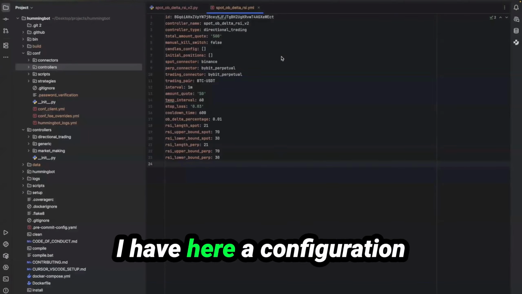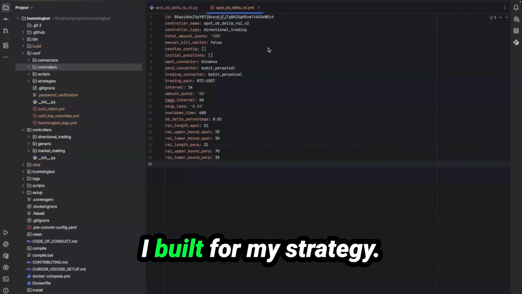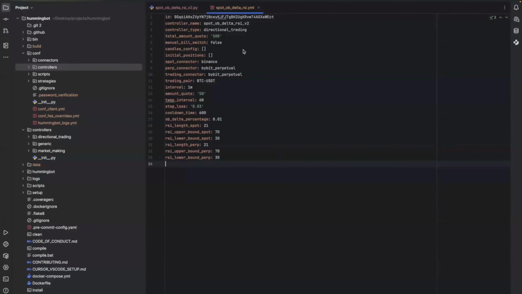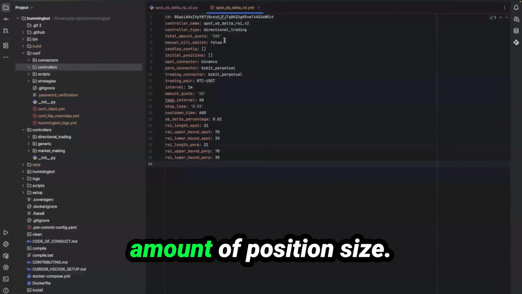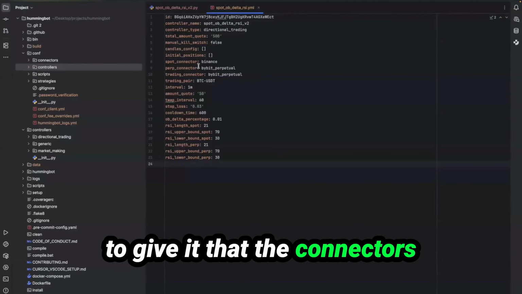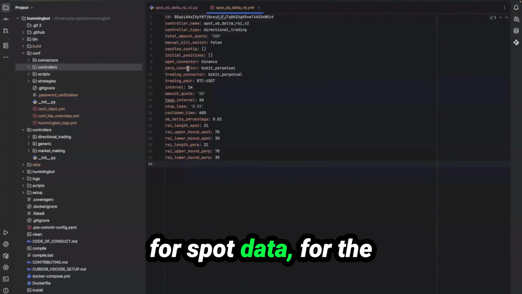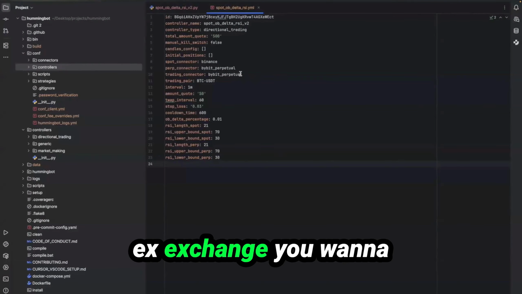I have here a configuration file for the controller I built for my strategy, and these are the parameters you have to define. You have to give it the total position size you want to have. You have to give it the connectors for spot data, for the perpetuals data, and which exchange you want to trade on.